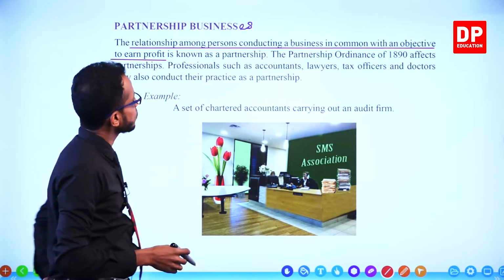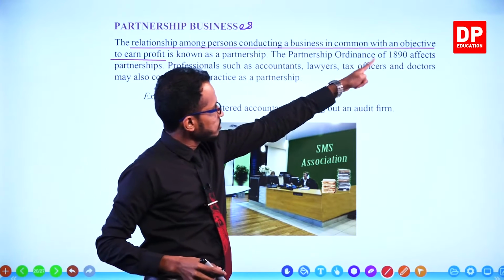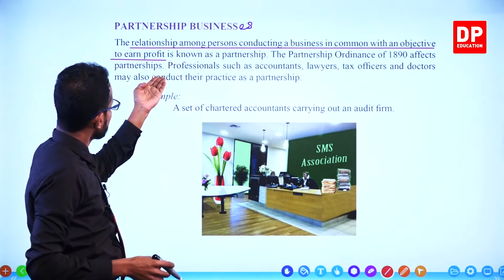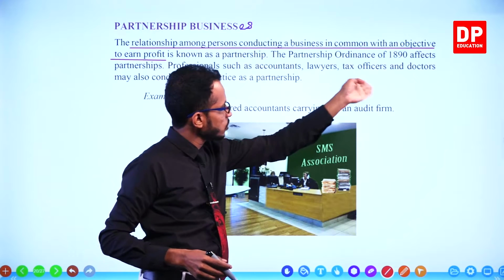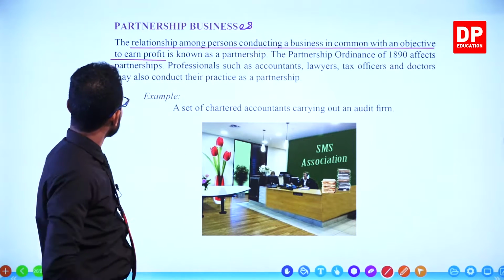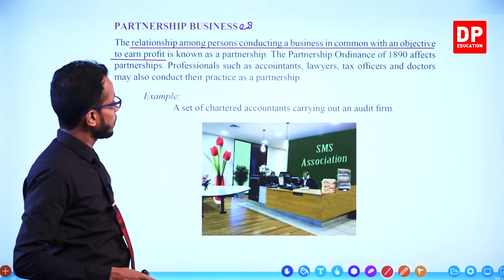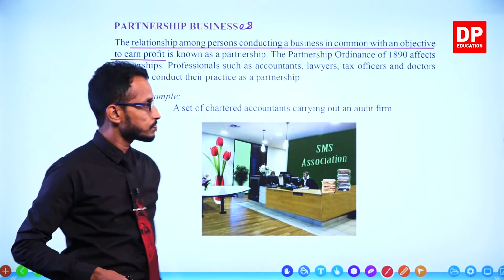That is the definition. The Partnership Ordinance of 1890 affects partnerships. Professionals such as accountants, lawyers, tax officers, and doctors may also conduct their business as a partnership.